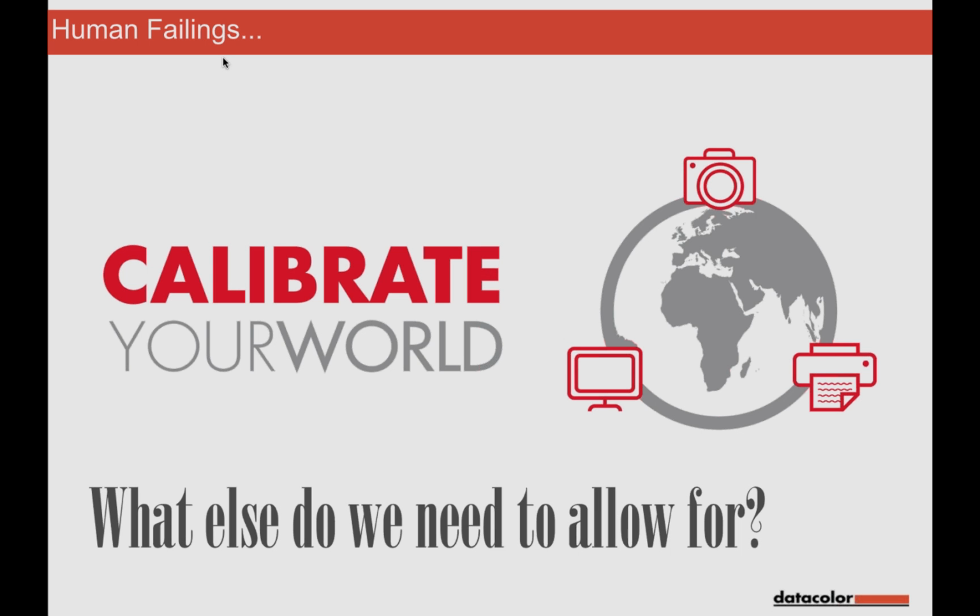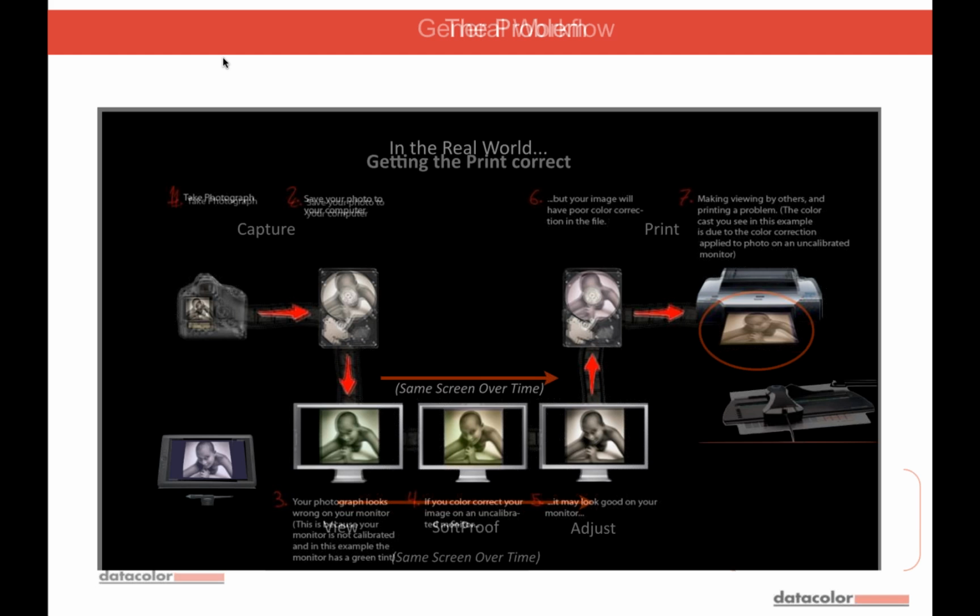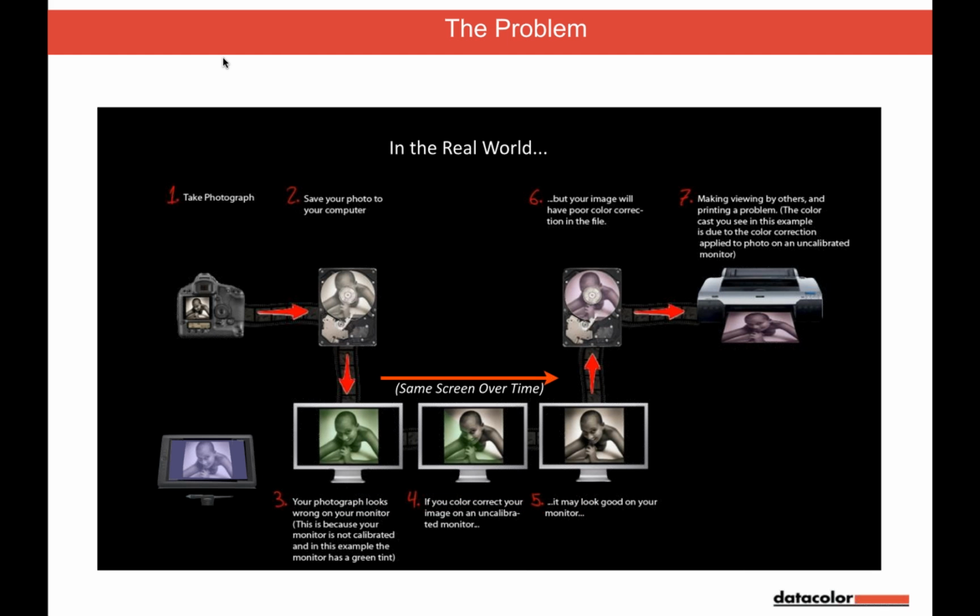But of course, all that is somewhat at the end of the process. This is what we want to be able to do, that soft proofing ability there. What tends to happen upstream of that can cause some issues if we haven't actually got a display that we can trust. In this scenario, I've got the same screen over a period of time.